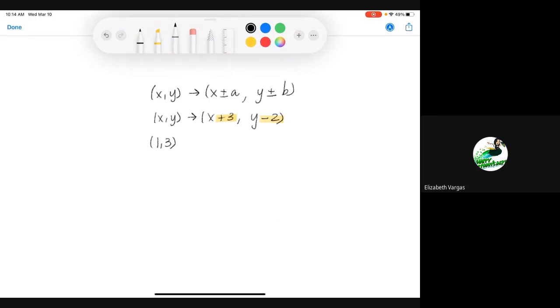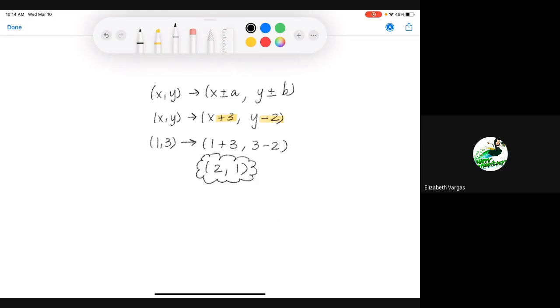So I start with 1, 1 plus 3 is 4, and 3 minus 2 is 1. What does that give me? 4 and 1. So that is my resulting coordinate after that translation. So my mapping rule is telling me what to do to my x and y.